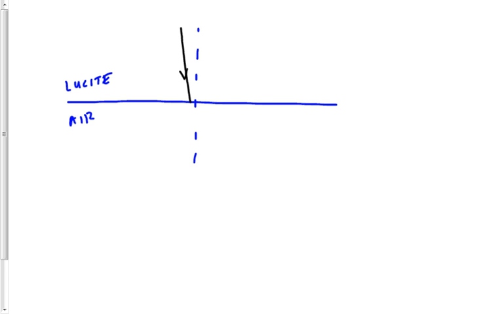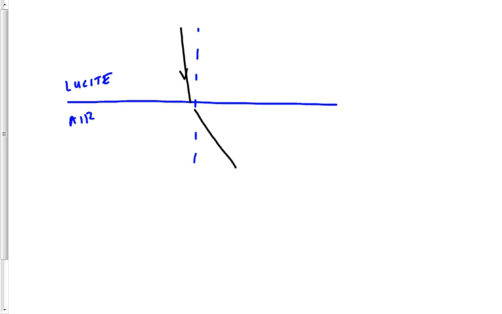Do you think it's going to reflect or refract? We're at a pretty low incident angle there, right? So it's probably going to refract. It's going to refract away from the normal line because when the light goes from a high index to a low index of refraction, the light's going to speed up. So it refracts with an angle that's bigger than the incident angle.